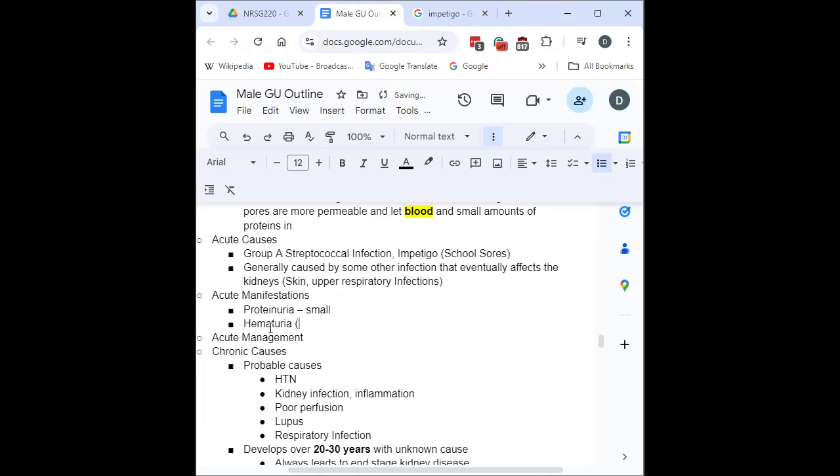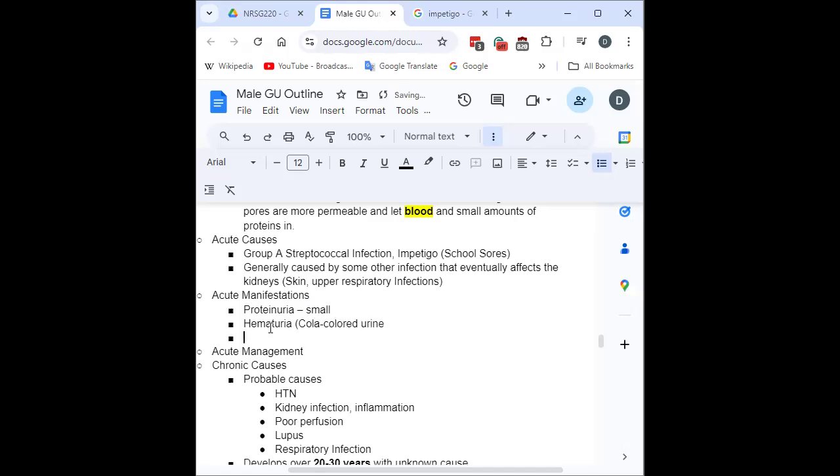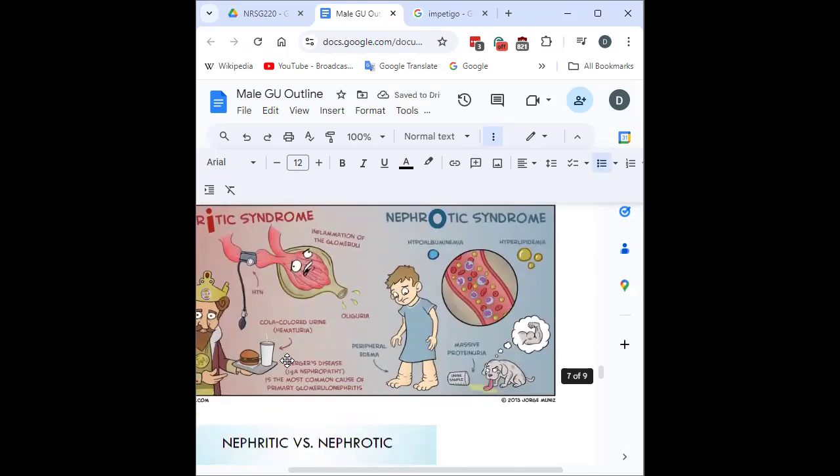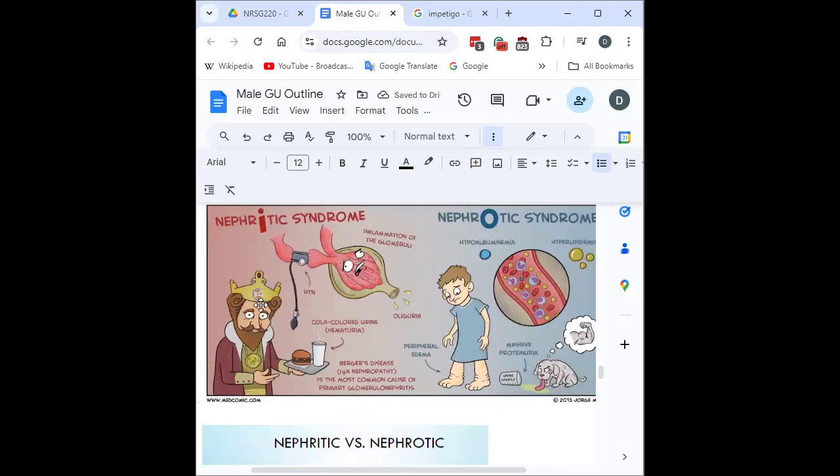And very specifically, I tend to see that a lot of questions like to call it cola colored urine. I see that a lot. Coca-Cola. Because of that cola thing, I like this picture because it has the Burger King guy.